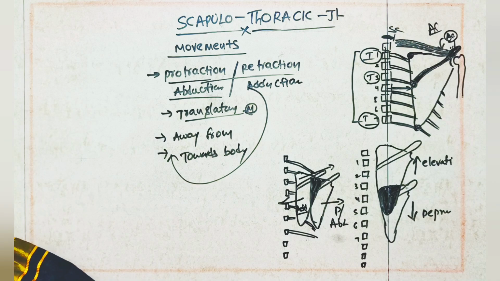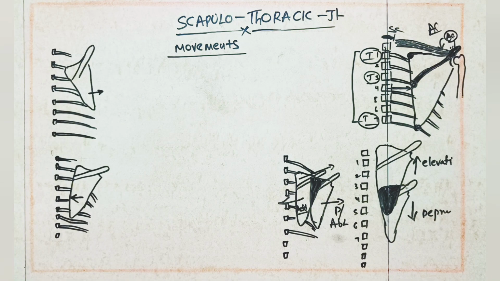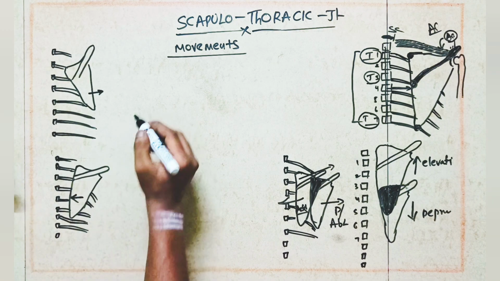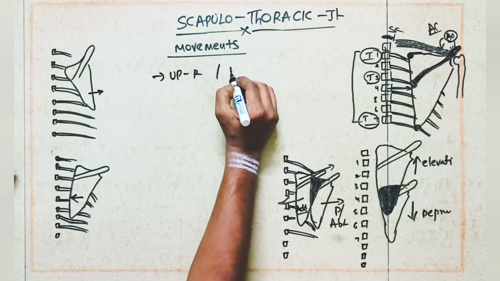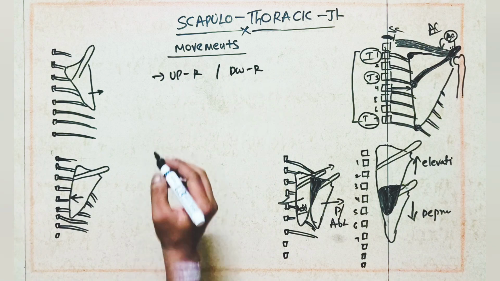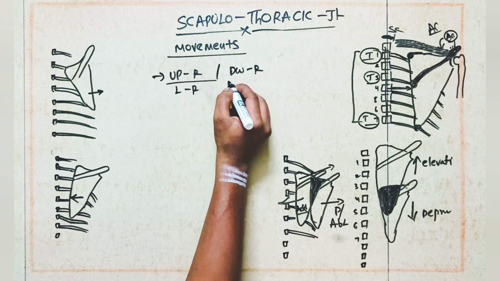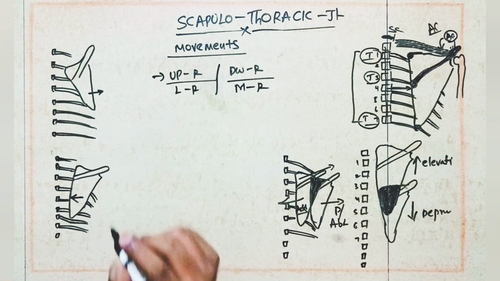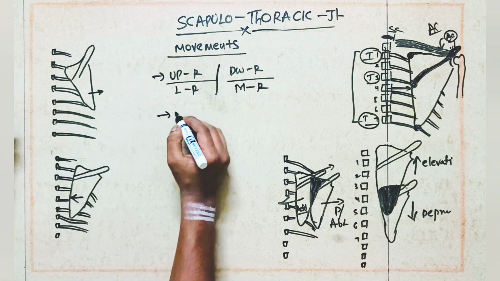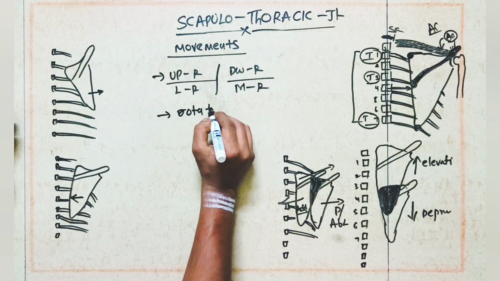Now we'll see the rotation movements of the scapula. Here we have upward rotation and downward rotation. Upward rotation is also called lateral rotation, and downward rotation is also called medial rotation. These are completely rotatory movements.